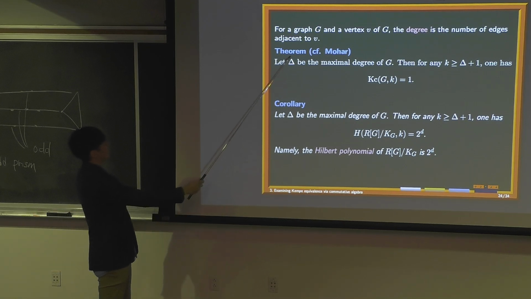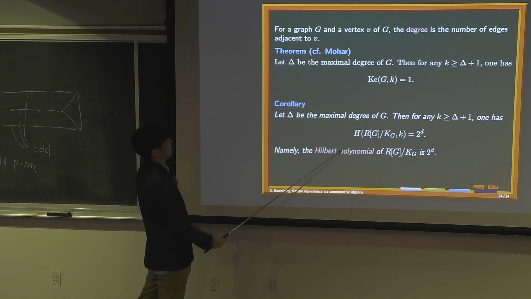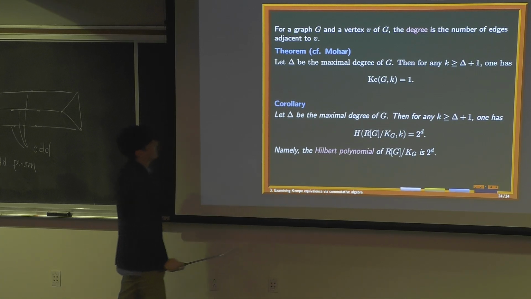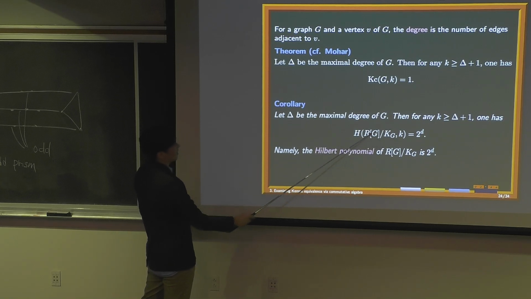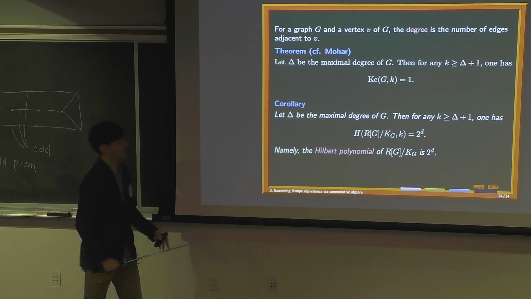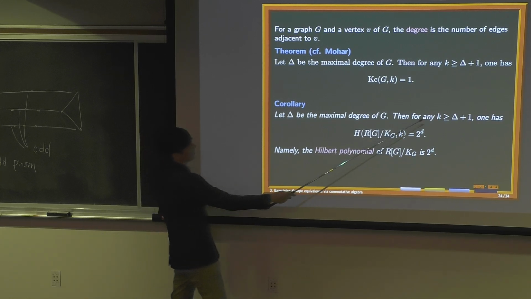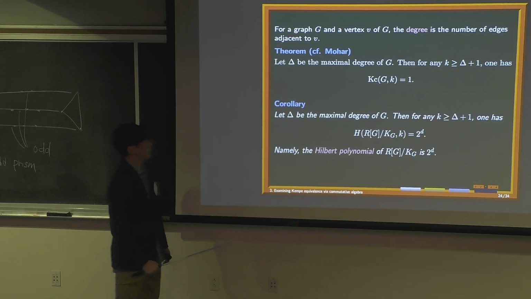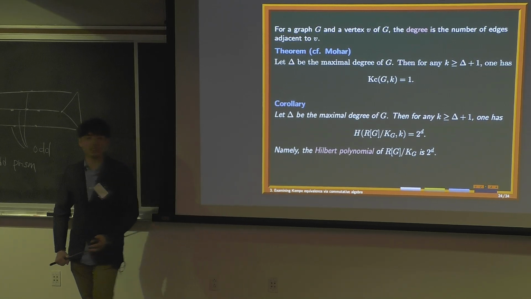By using this theorem, we can know the Hilbert polynomial of this link. In fact, the Hilbert function of this link coincides with the constant 2 to the D for any such K. This implies the Hilbert polynomial of this link is 2 to the D.